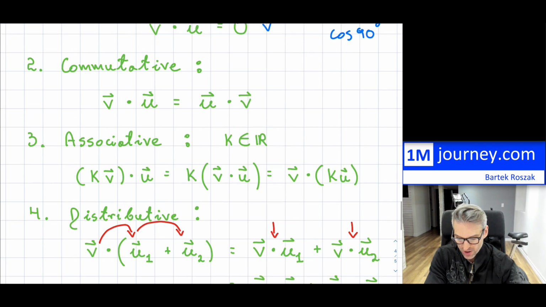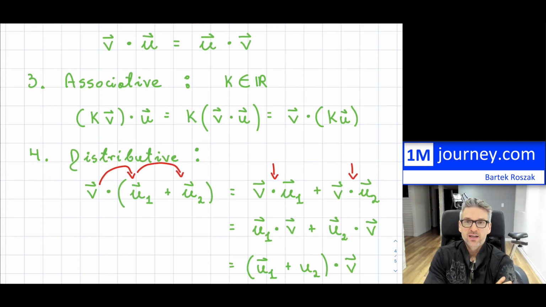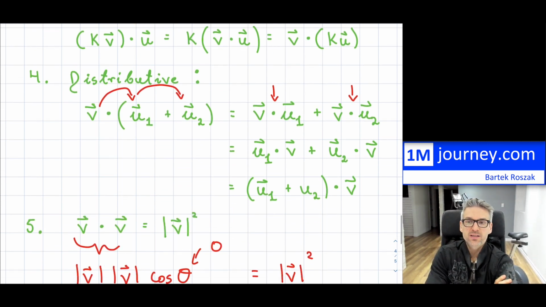You can distribute the dot product across vectors when they are adding together. And this doesn't mean just only two vectors being added together. It could have been three vectors added together, and you can just distribute. And then the last one is very simple, that if you take the dot product of a vector multiplied by itself, the result is magnitude squared. That's all.